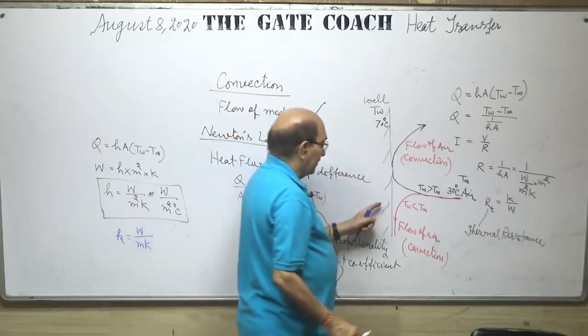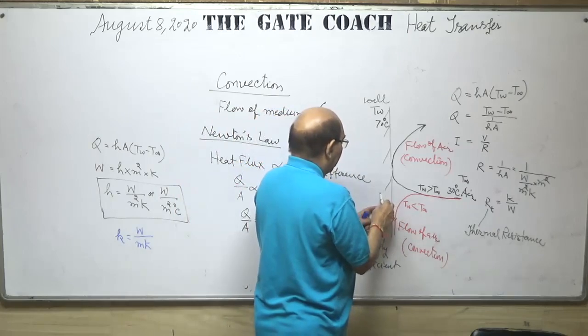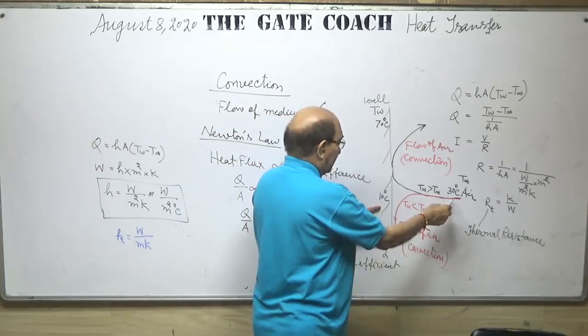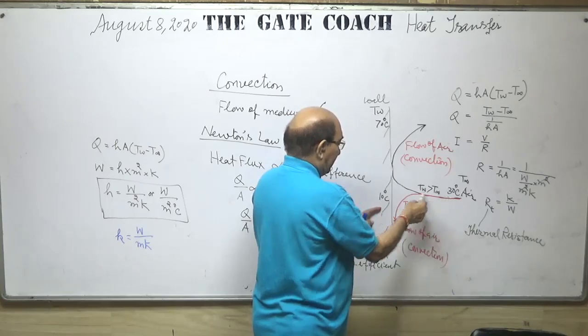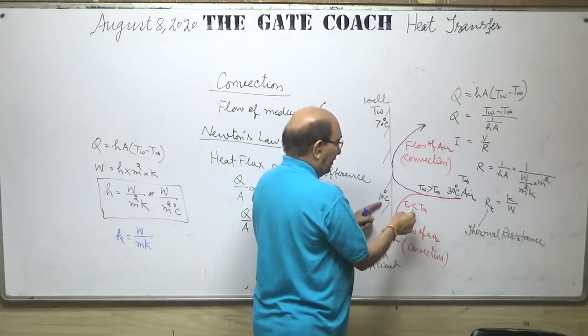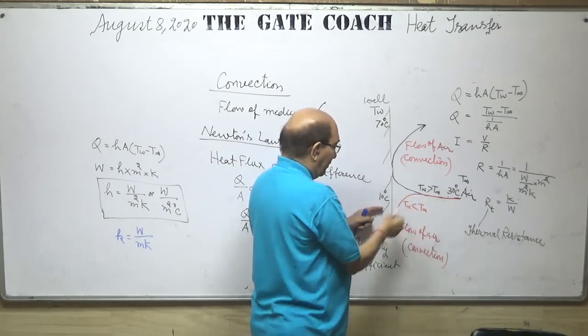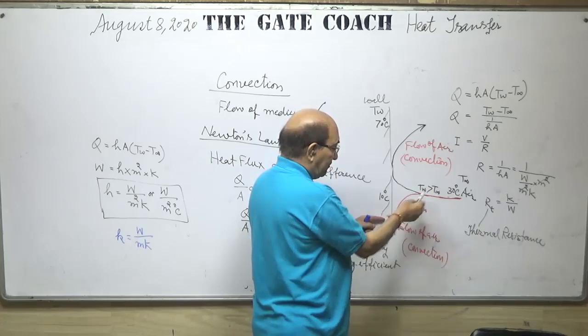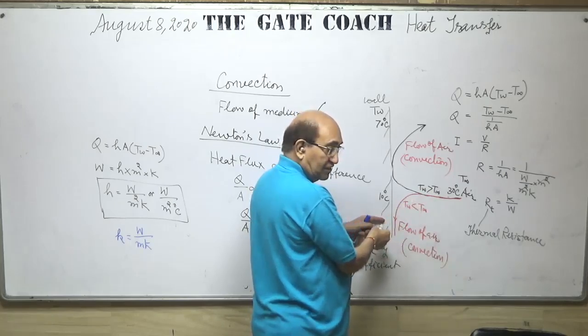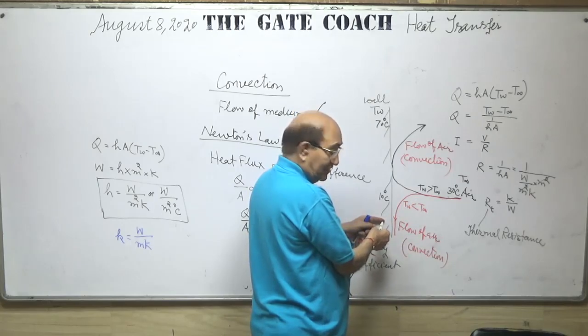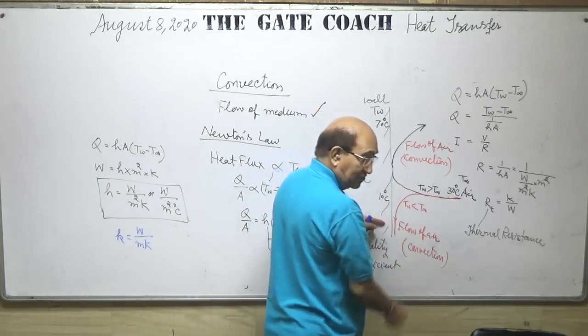If this TW was 10 degrees centigrade, this was 30, air was coming, TW was less than T infinity, the air will be getting cooled, the temperature of the air will decrease, cold air, the density will increase, will go down.